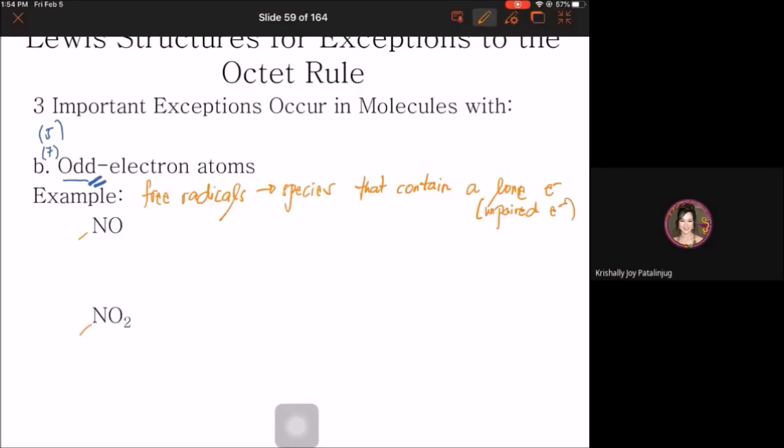Okay? So, makikita na odd. Okay? Sige, let's try to check if meron ba talagang unpaired electron yung mga central atom na to in their specific molecule.